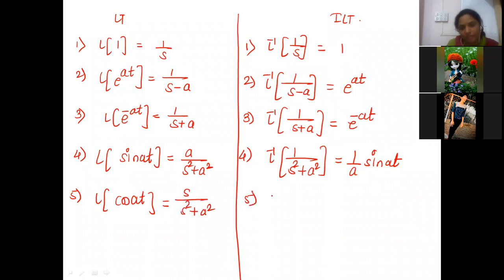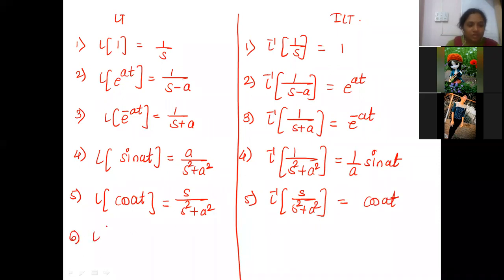So your formula becomes Laplace inverse of s upon s square plus a square. We cannot ignore s; s should be considered. We cannot leave out s, just as we left out a here. So s is a variable, we cannot leave it. So s upon s square plus a square is cos at.